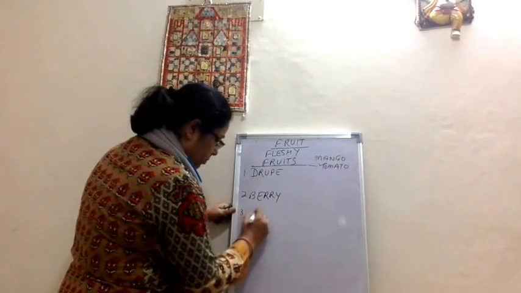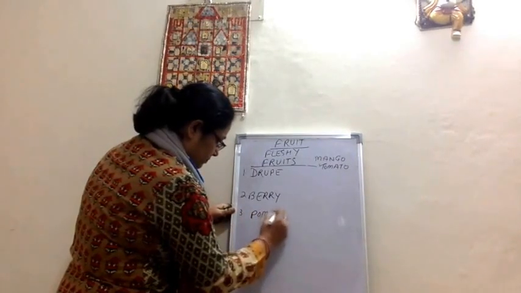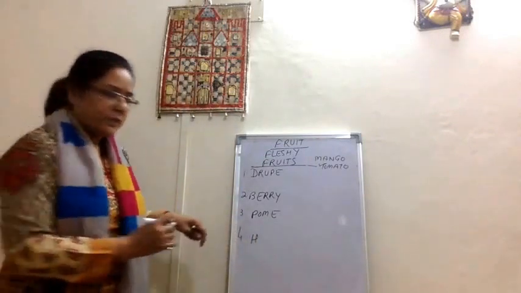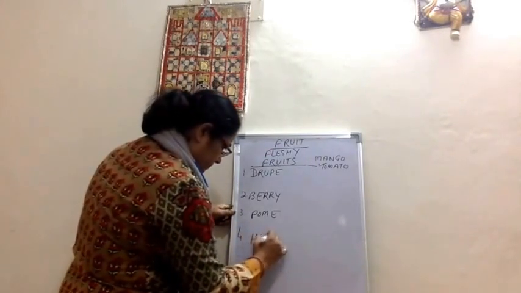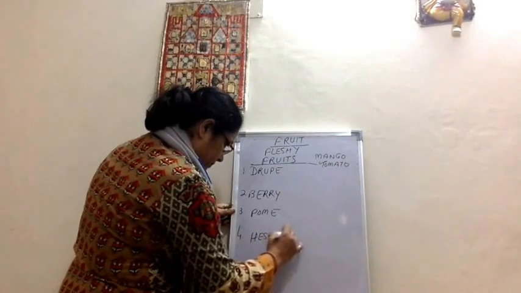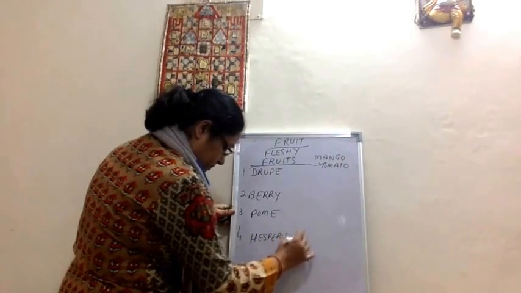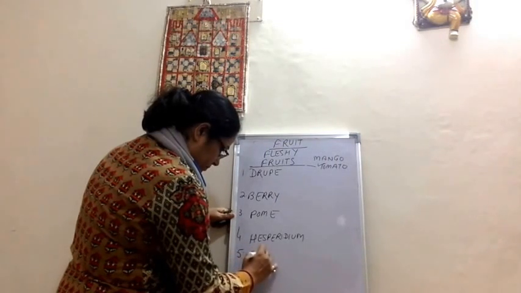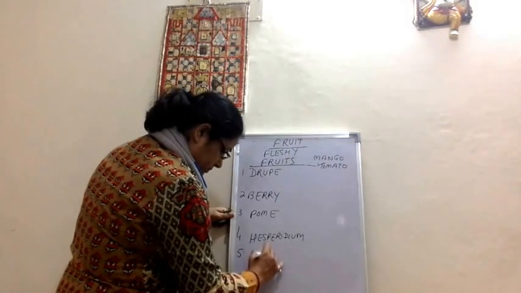Number three, pome. And number four, hesperidium. Number five, balausta.